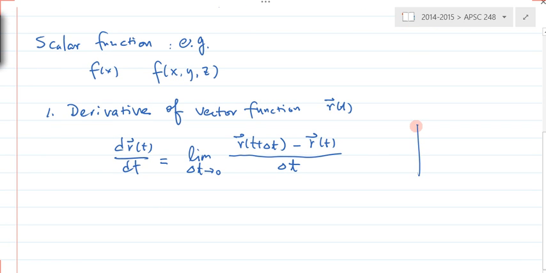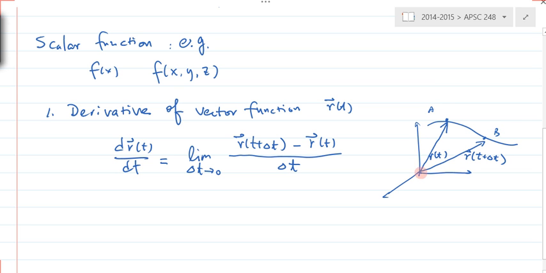If I draw a diagram just for illustration, let's say I have a curve here. If this is at the t location, you have one position vector, let's say this is r of t. And after delta t time, this is the vector r of t plus delta t, and let's say these are locations a and b.